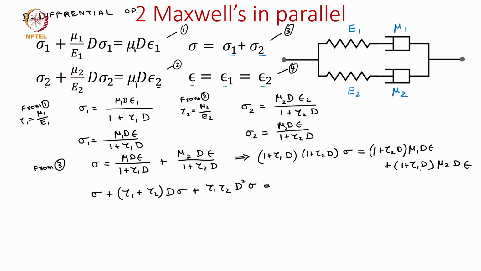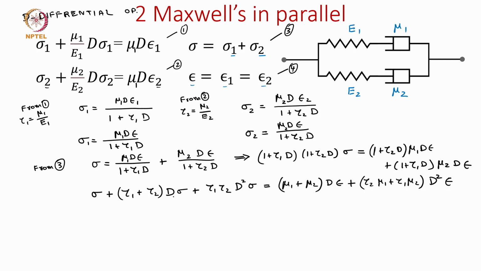Are there any strain terms? No, it starts with the first derivative of the strain rate. So, let us write that as mu 1 plus mu 2 times d epsilon plus the second derivatives are tau 2 mu 1 plus tau 1 mu 2 times d square epsilon.